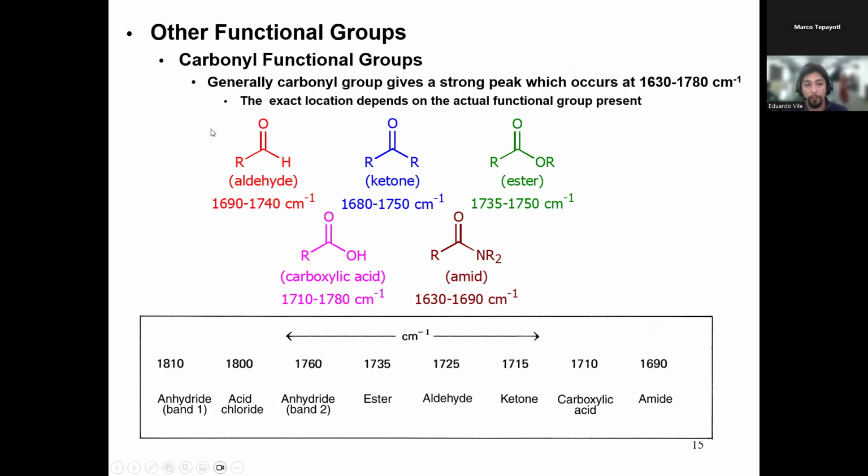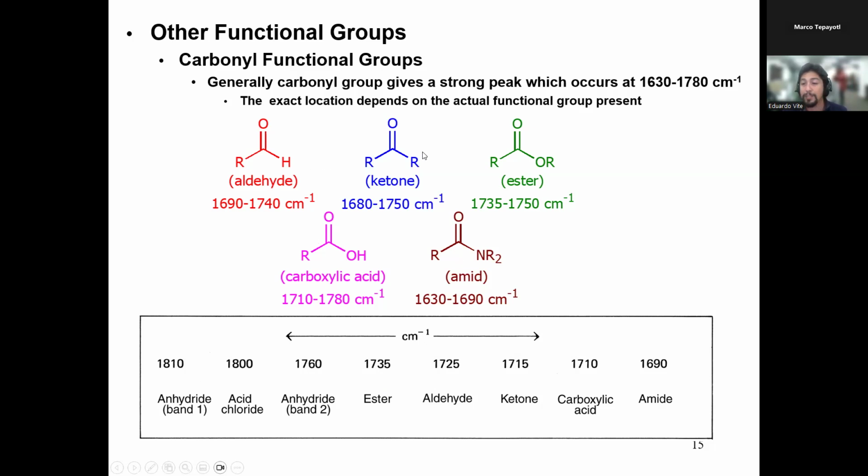And because of the way that chemistry just happens to come together in the universe, all of these lie between 1700 and 1800 in wave number. Depending on your specific functional group, you will often have, for example, the amides at the lower end, carboxylic acids around 1710, ketones at 1715, aldehydes at 1725, esters at 1735, anhydrides at 1760, 1800s, and then 1810s.